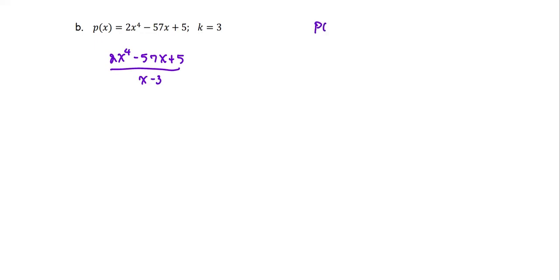If p at 3 equals the remainder equals 0, therefore k equals 3 is a 0 of p(x).